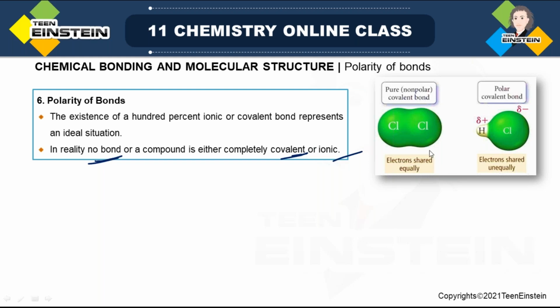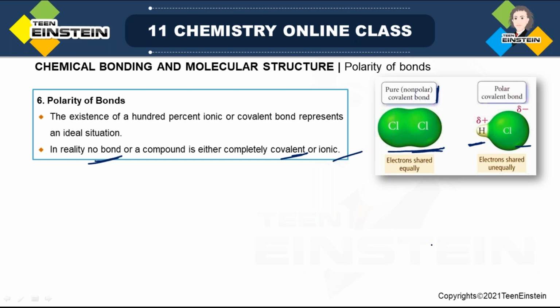So these two examples we have already seen in the last class. The first example is the chlorine molecule, diatomic chlorine, where both sides we have similar atoms. So in this case, polarity we cannot expect. This is actually a condition where you can expect a pure covalent bond, but very few such molecules exist, for example nitrogen, oxygen or chlorine. Mostly there will be heteroatoms, that is two dissimilar atoms.